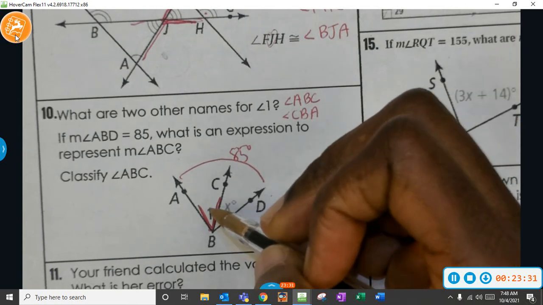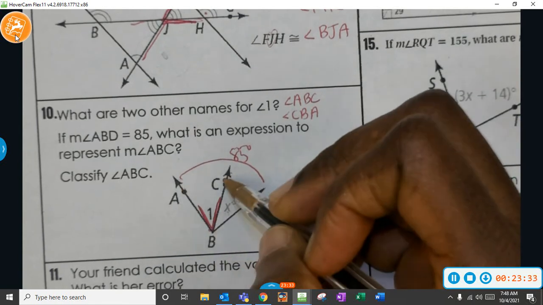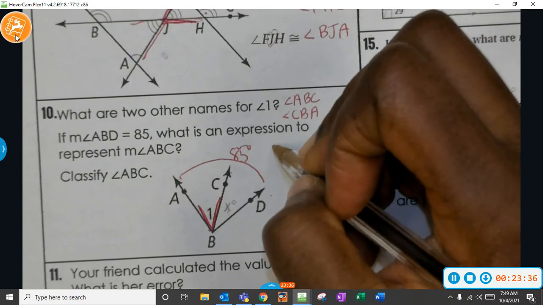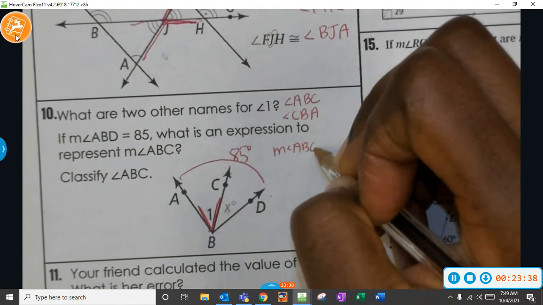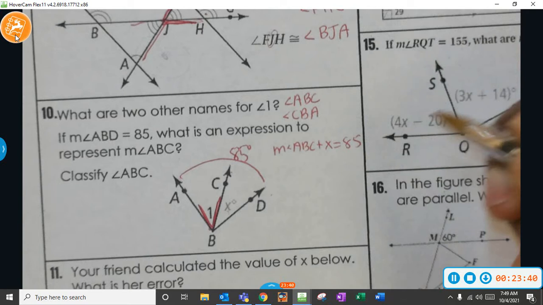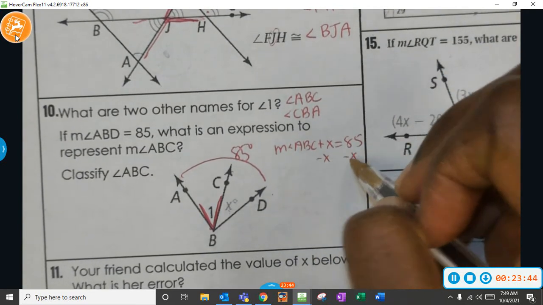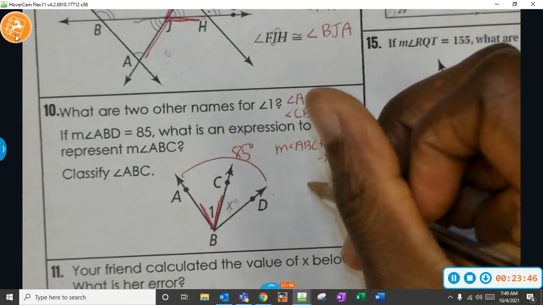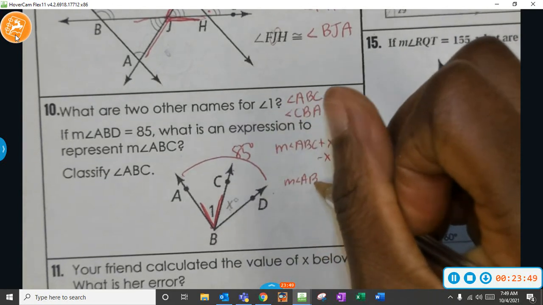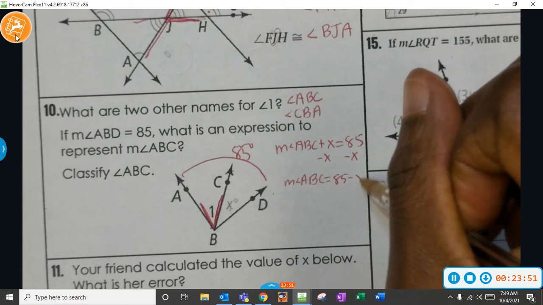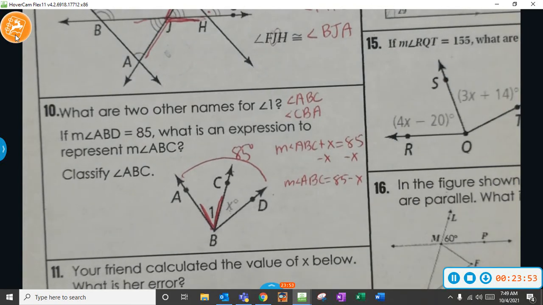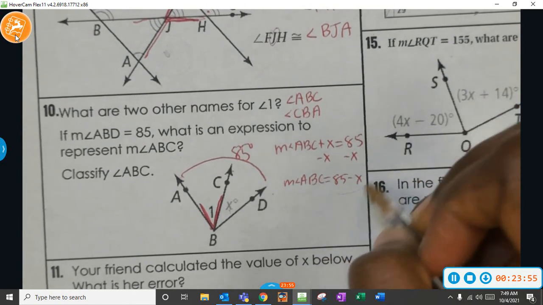So the measure of angle ABC plus x equals 85. To write an expression for ABC, I would subtract x from both sides, and because these are not like terms, the measure of angle ABC is 85 minus x. They don't want the whole equation, just the expression, 85 minus x.